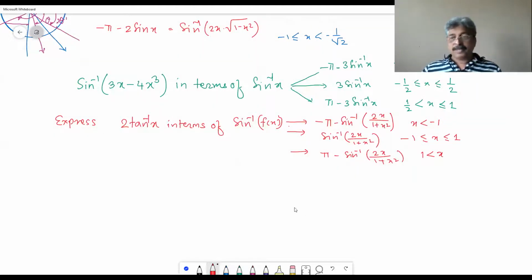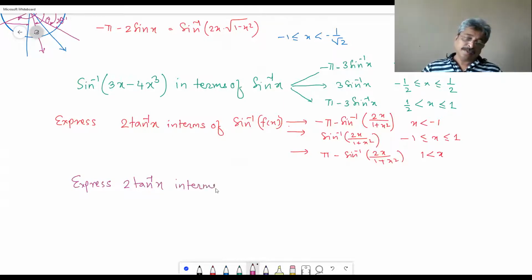Okay. Maybe the last technical formula we should do, and in less than 3 minutes you are supposed to do it. So the thing is, express 2 tan inverse x in terms of cos inverse of a function of x.